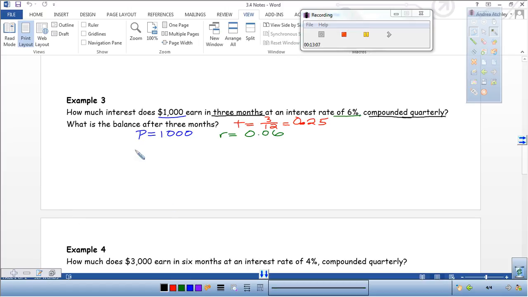Okay, interest equals 1,000 times 0.06 times 0.25. If you multiply it all together, you should get $15.